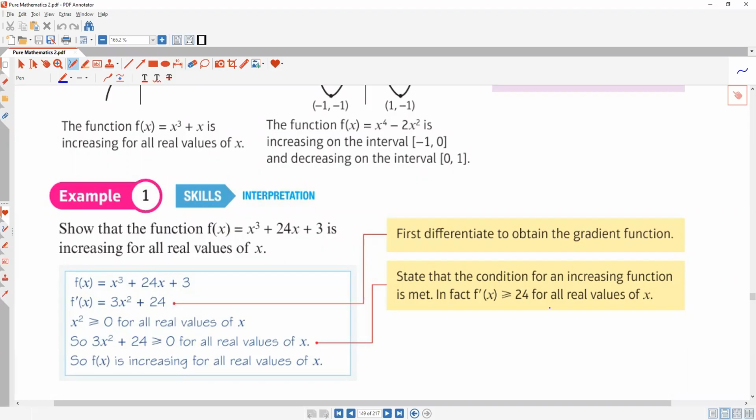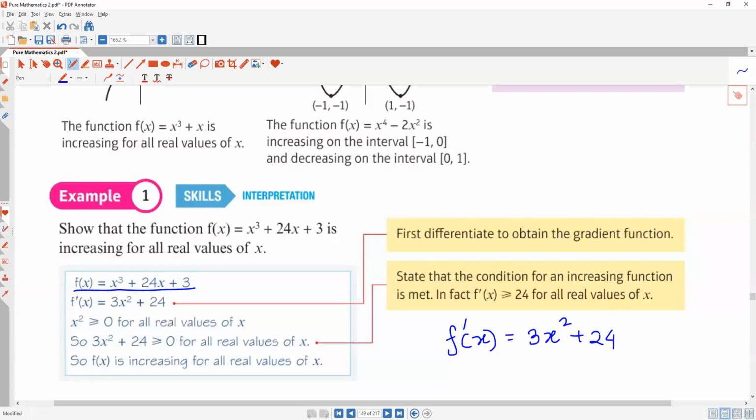And if your overall derivative comes greater than 0, that means it is increasing. So if they ask you to show that the function x cubed plus 24x plus 3 is increasing for all values of x, whether it is increasing or decreasing can be found by this method. You differentiate the question first, and you get 3x squared plus 24.